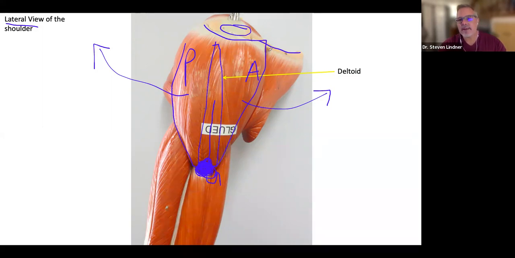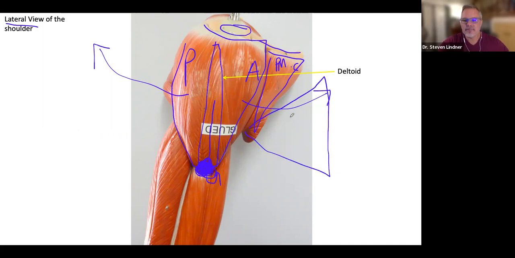And here is pec major, but these are the clavicular fibers. We could see here, this would be going this way, which would be the sternal division of pec major.